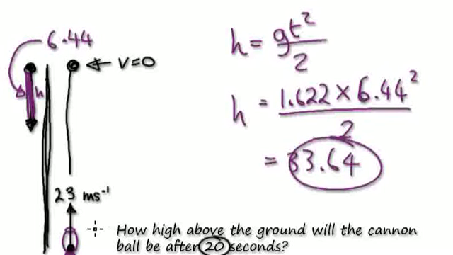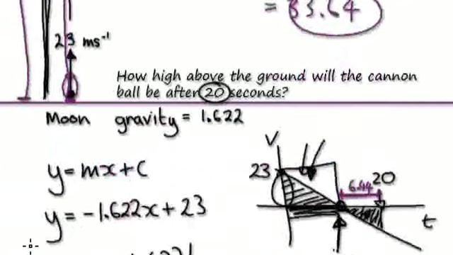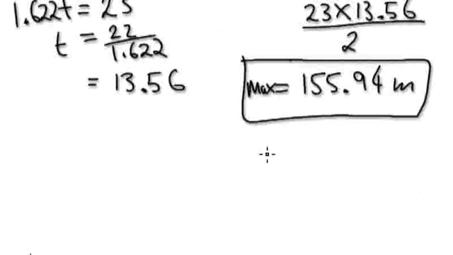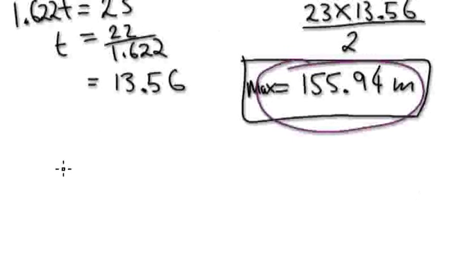So now all we need to do is take the maximum height and take away this bit here, which gives us this length.